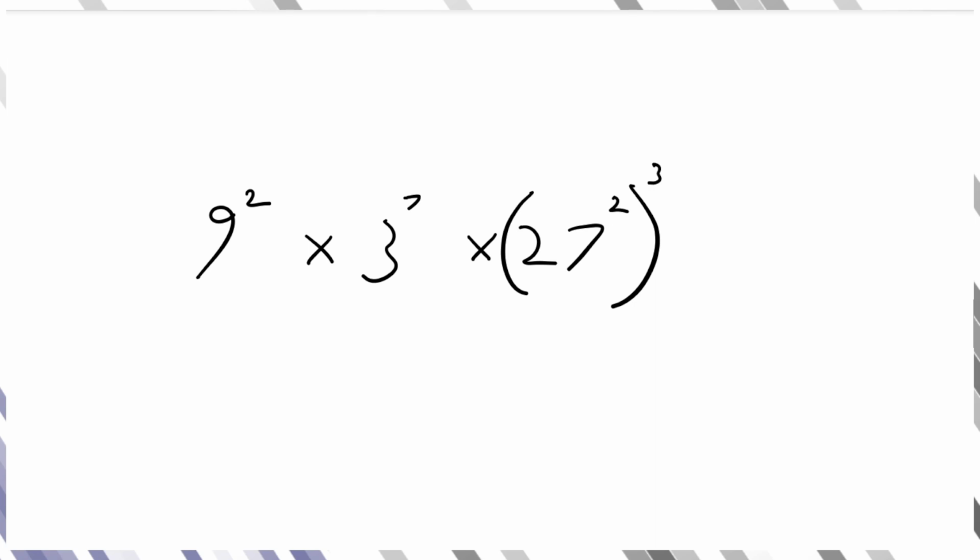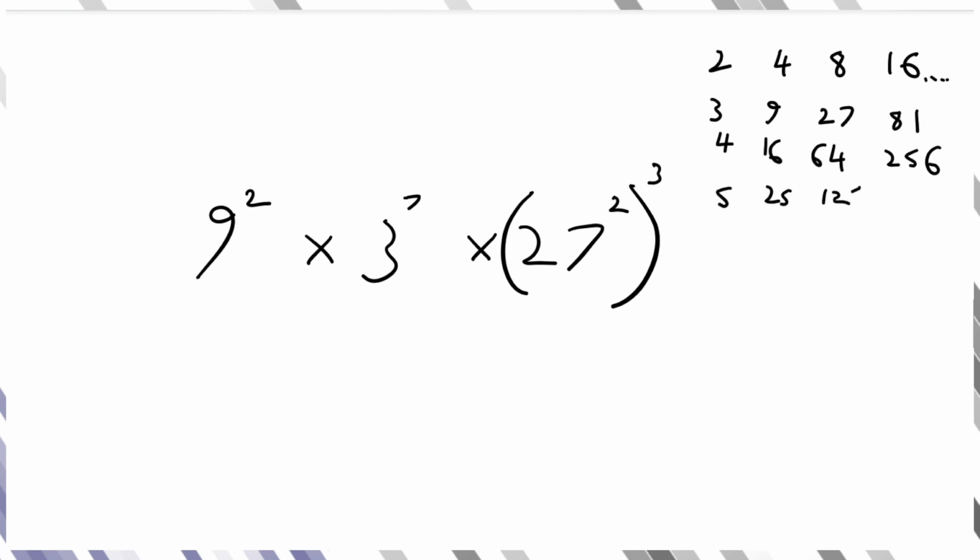At this point it's really important to memorize some of the powers of every number up to 10. So for example, 2 and then 2 squared, 2 cubed, 2 to the power of 4, etc. For 2 I would maybe go up to 2 to the power of 10, and then 3 squared, 3 cubed, which is what we've got here, 3 to the power of 4, 4 squared, 4 cubed, 4 to the power of 4, 5 squared, 5 cubed, 5 to the power of 4.